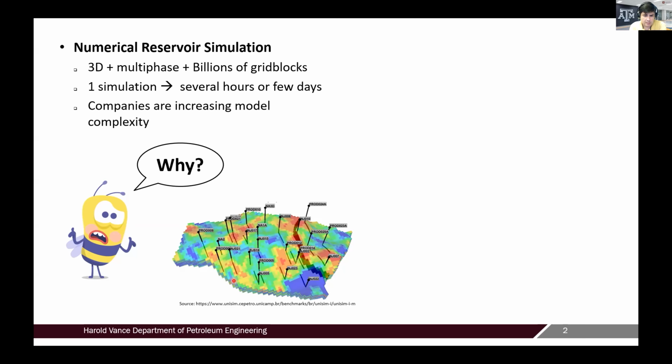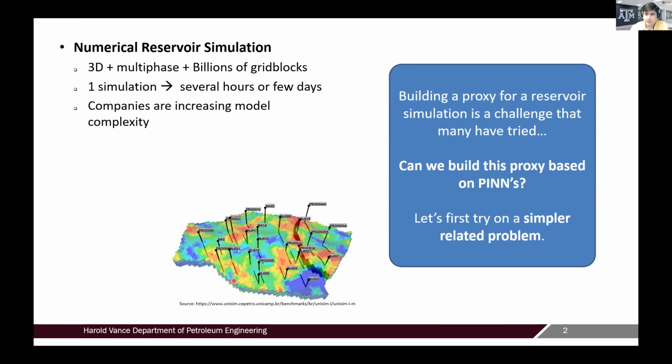So building a fast proxy model for reservoir simulation is a challenge that many have tried, and we have some good proxies that work well in specific areas, but our idea is: can we build a proxy model for reservoir simulation based on PINNs?